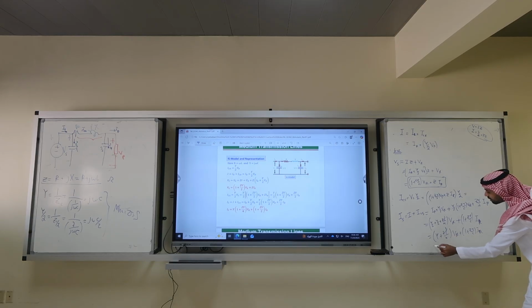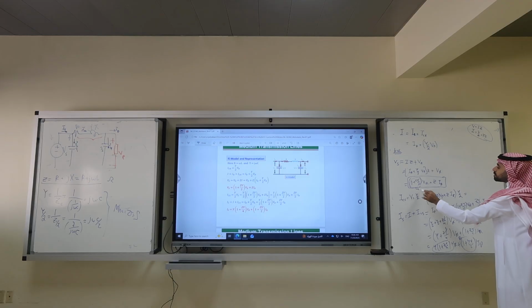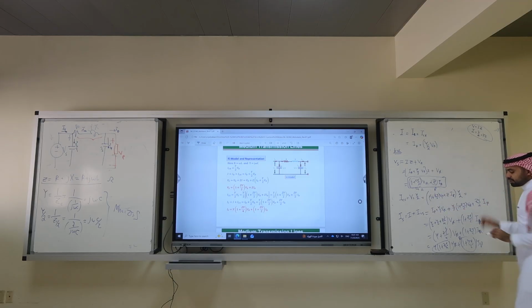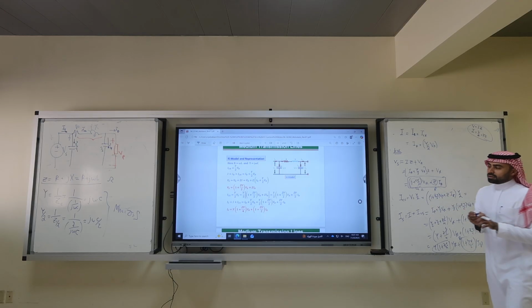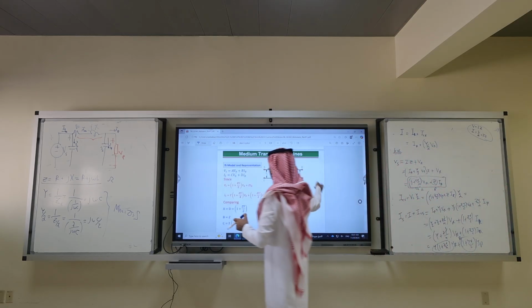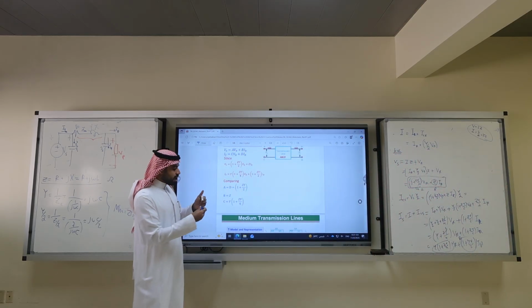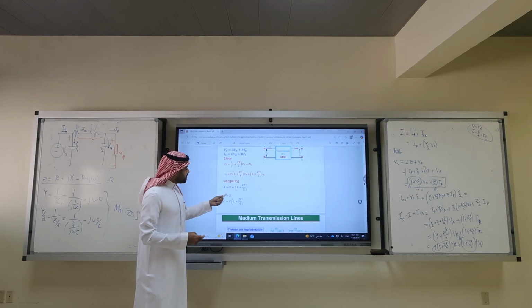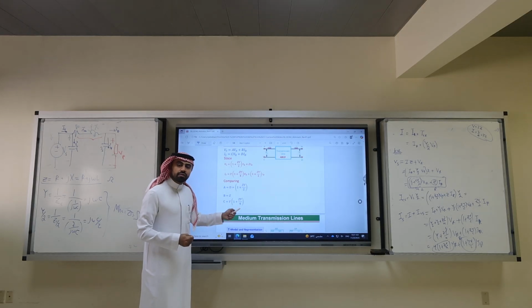Take the Y as a common factor: Y times (1 plus ZY over 4) VR plus (1 plus ZY over 2) IR. This is the C, this is the D, this is the A, and this is the B. Clear how to derive it? So, the A and the D are 1 plus ZY over 2, the B is Z, the C is Y times (1 plus ZY over 4).